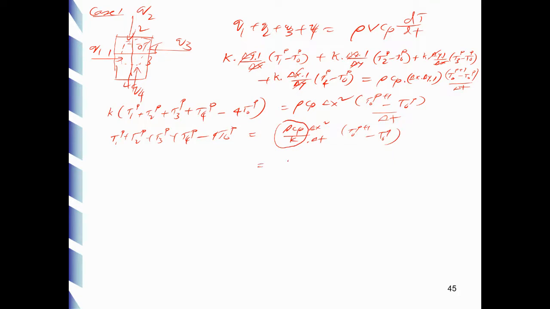K by rho Cp, that is alpha, so k by rho Cp means alpha, the thermal diffusivity.